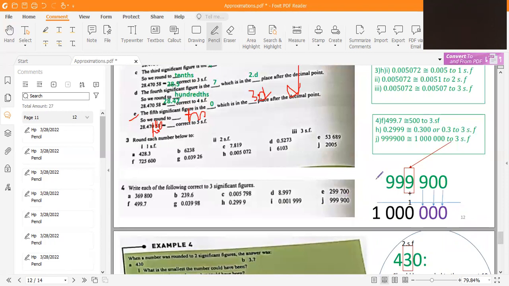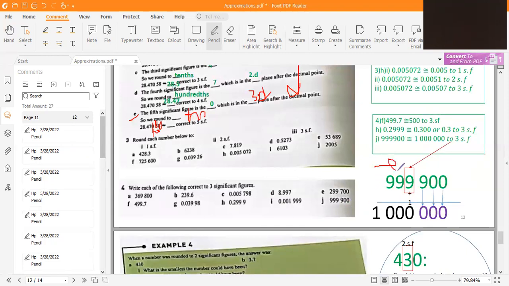Okay, so we have here a small idea. In exercise 4, for example, part J, 999,900, we want to correct it to 3 significant figures.